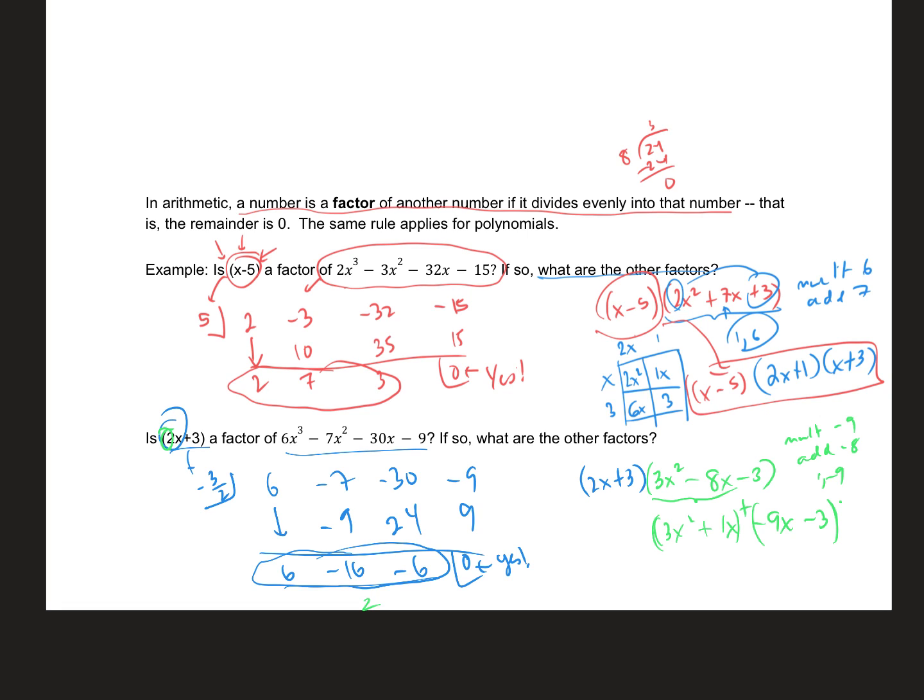Common factor in the first set of parentheses is x. That leaves me with a 3x plus 1. The common factor in the second set is a 3, but I want the stuff that's in here to agree with this, so I have to pull out a negative 3 to make that happen. And now these are the same, so my other factors are x minus 3 and 3x plus 1. And then this would be my third factor.